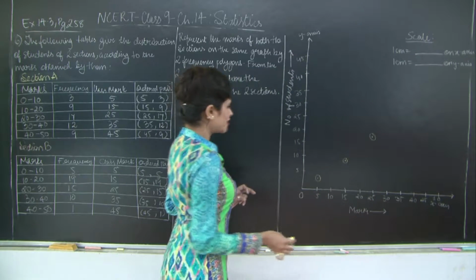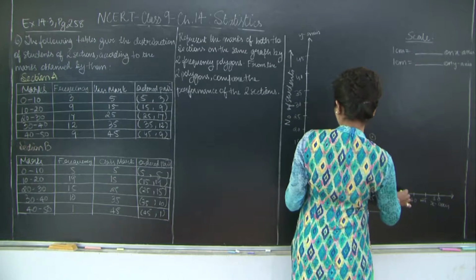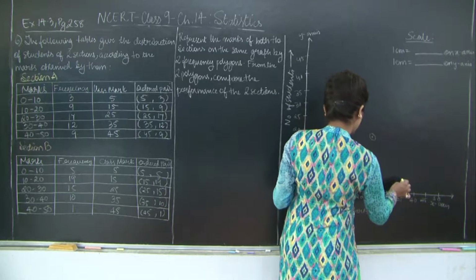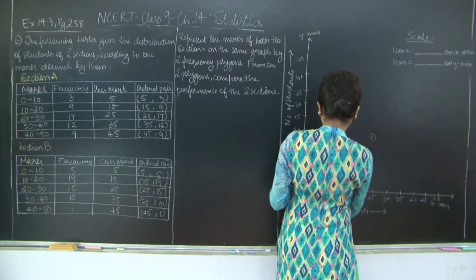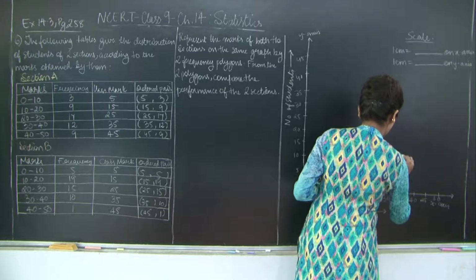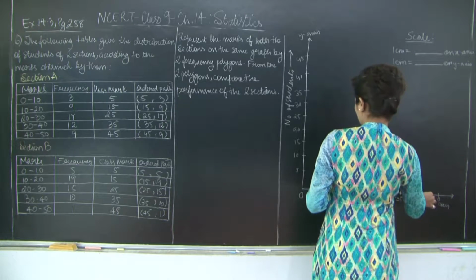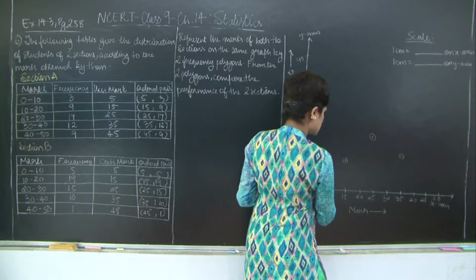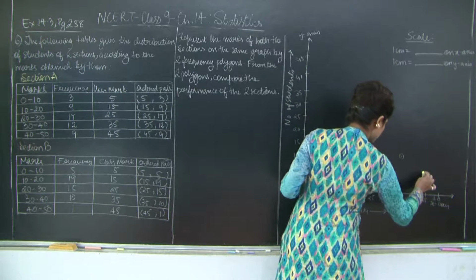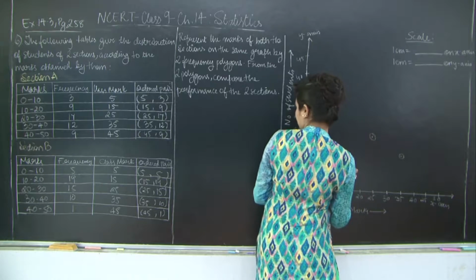Then I have 35 and 12. 12 would be between 10 and 15. And then I have 45 and 9. 9 would be just before 10. It would be at the same height as this.